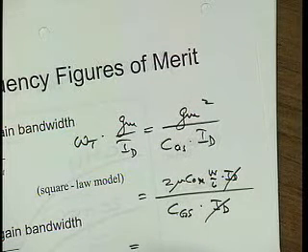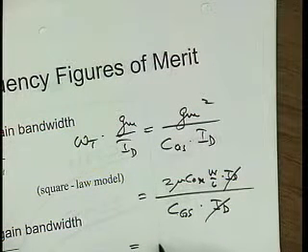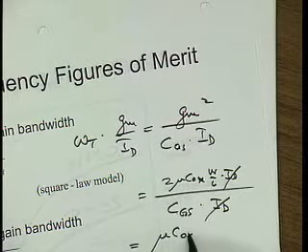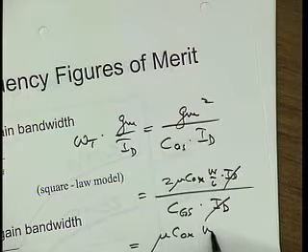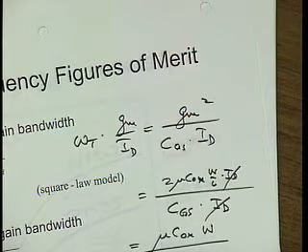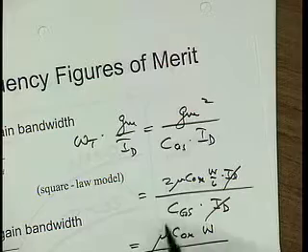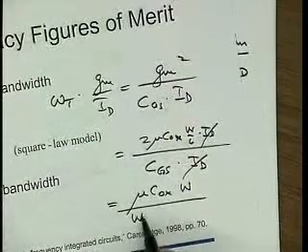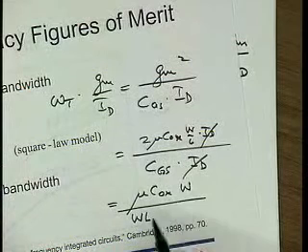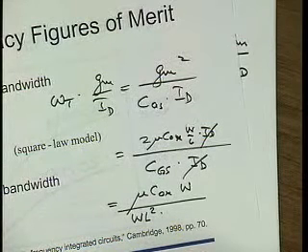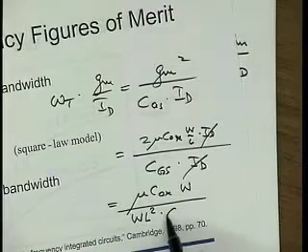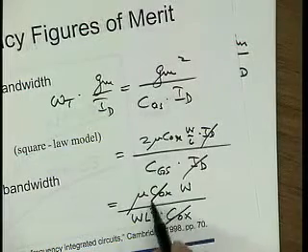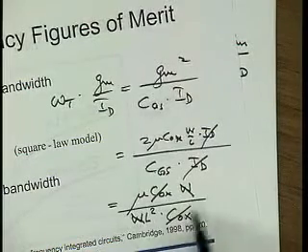Then we have mu Cox W over this one here, forget about the 2/3, we're generous. This is W times L, and we have another L here, times Cox.